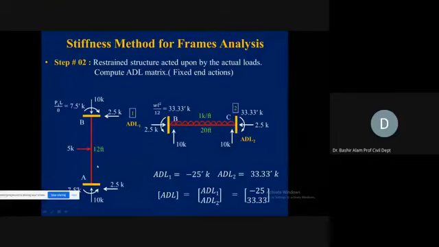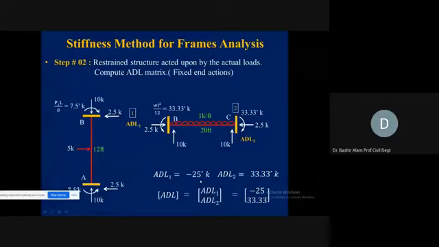If you see now, each member is in equilibrium, each joint is in equilibrium, and now we are in a position to calculate our ADL matrix. So coming to ADL1, corresponding to this location, we have clockwise 7.5 and counterclockwise 33.33. So 7.5 minus 33.33, here I can see some ADL1, it should not be 25, it should be something different than 25.